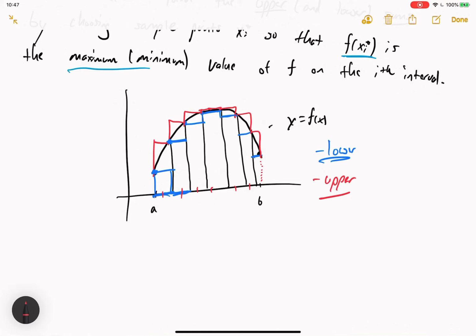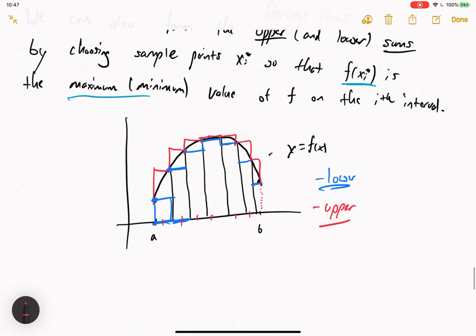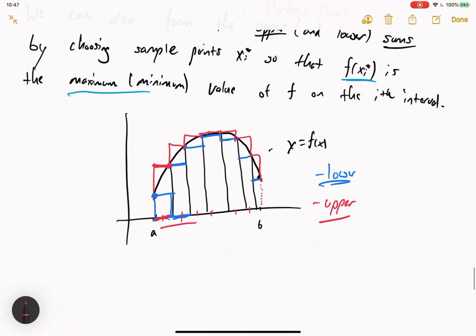And like the upper sums, if you look at this interval right here, we choose the max. So this would be the max. So this rectangle would be greater than the area of that strip. And we can do that for the rest of the points as well. You should note that here, this was the left endpoints. Well, the right endpoints were the max. Here, the left endpoints are the max.